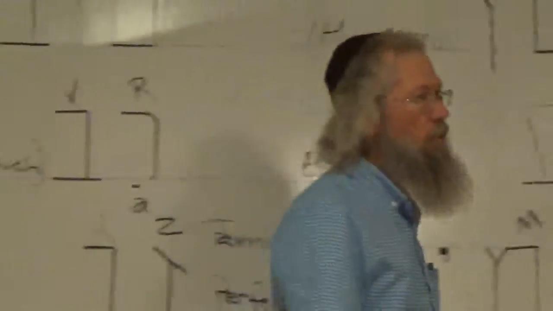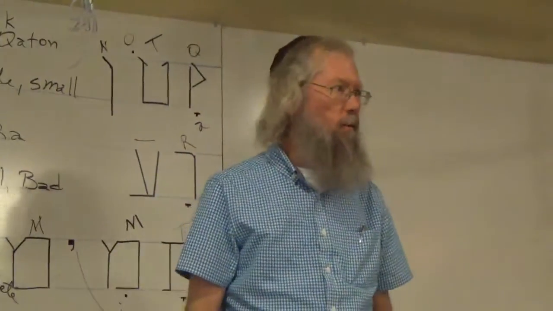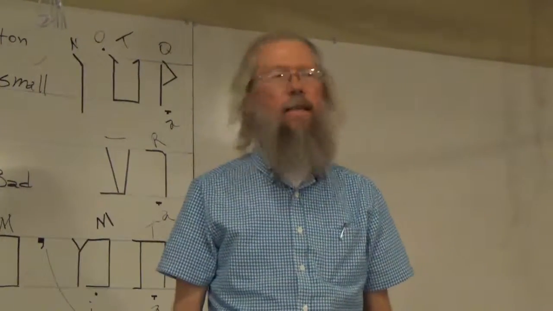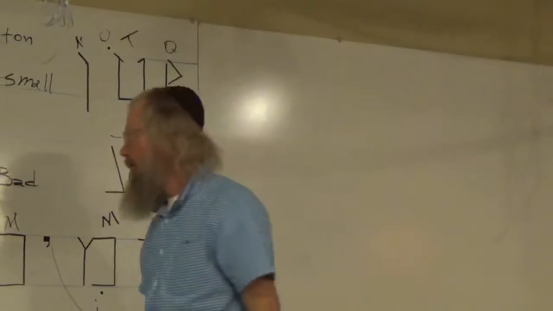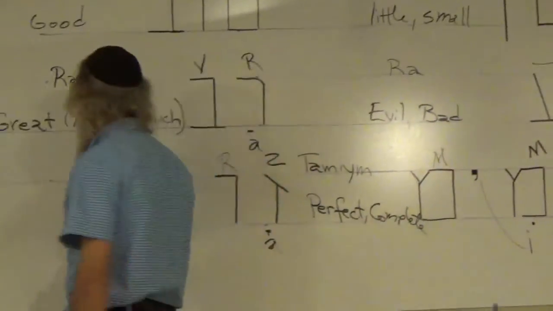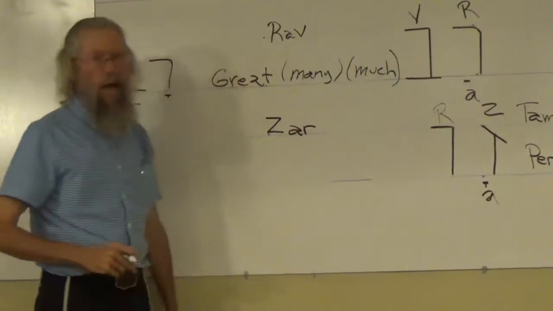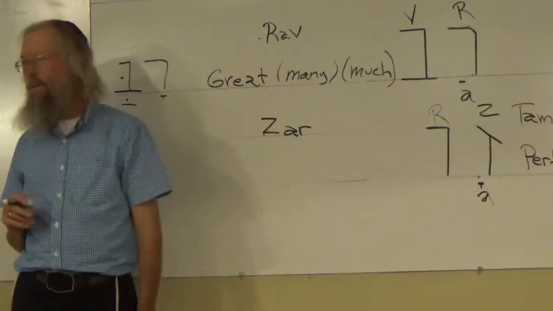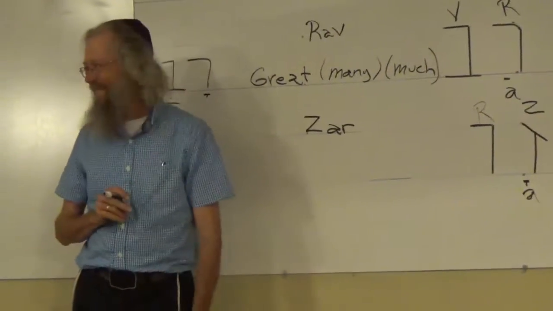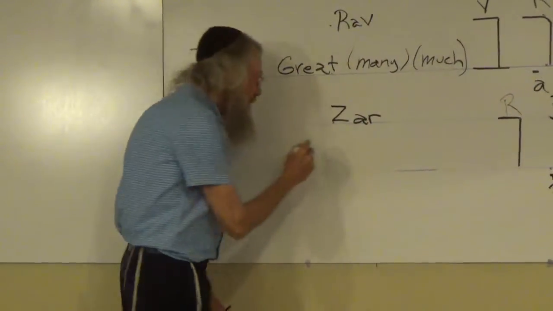Now here, because you have a word that's very close sounding to it, which is Sar, you have to make sure that they understand that you're saying Zar. Everybody say Zar. And what is Zar? Don't know yet. Well, you'll know right now.